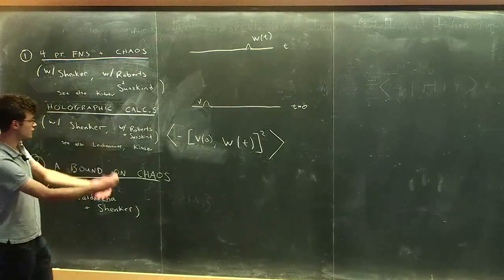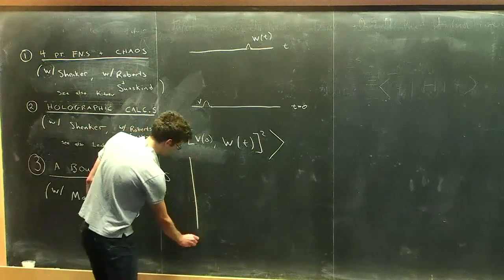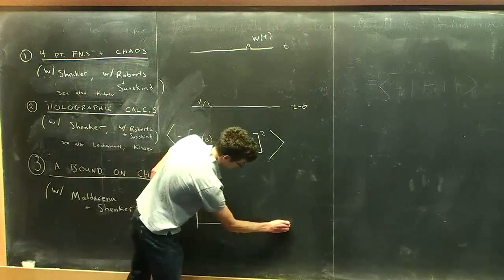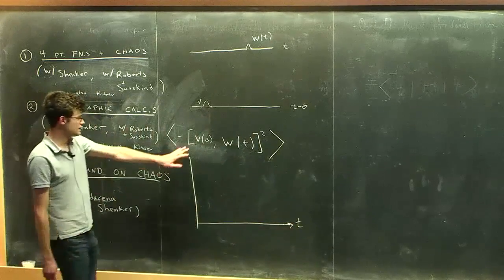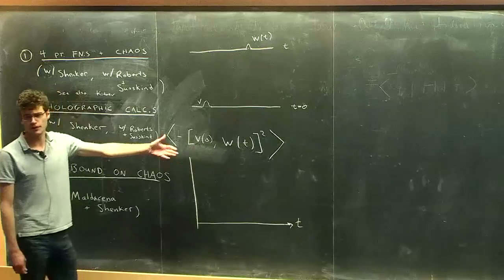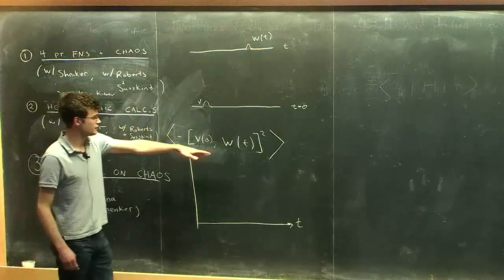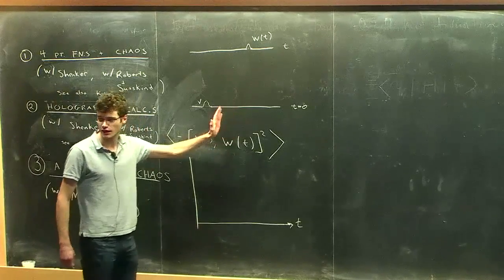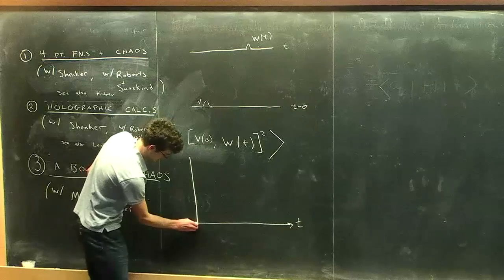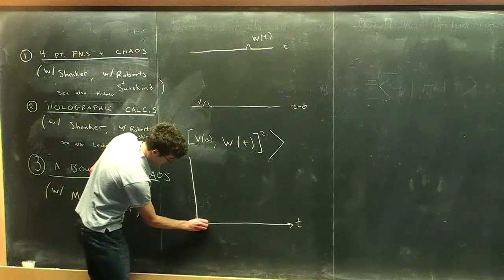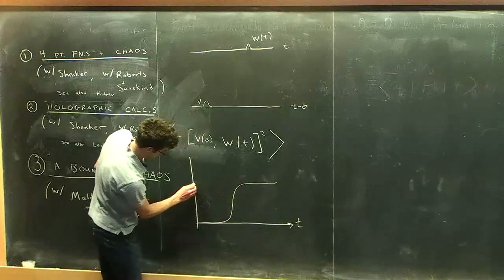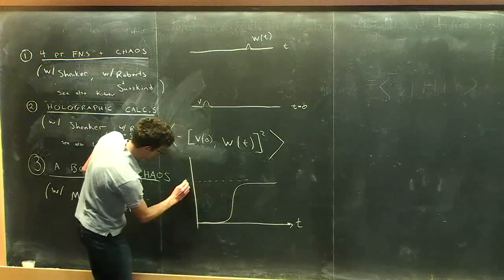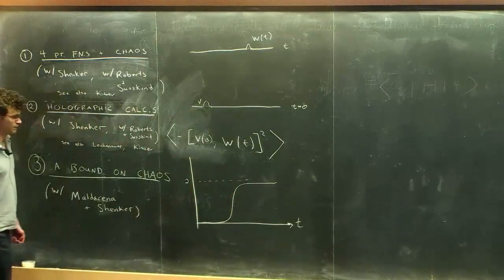To build some intuition for this commutator, I'm going to plot for you the result of a spin chain calculation of this commutator, where I take V to be a Pauli x operator at site 1, and take W to be, say, a Pauli z operator at site 5. The function is 0 at t equals 0. It's small for a while, and then it saturates near a value of 2.